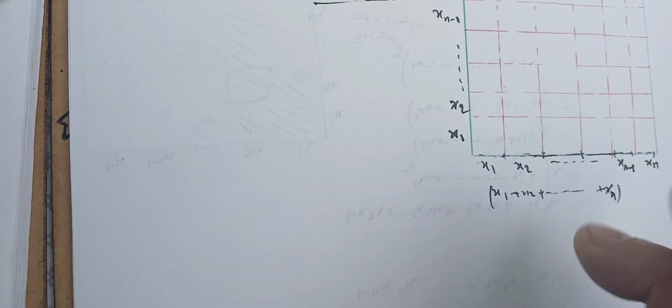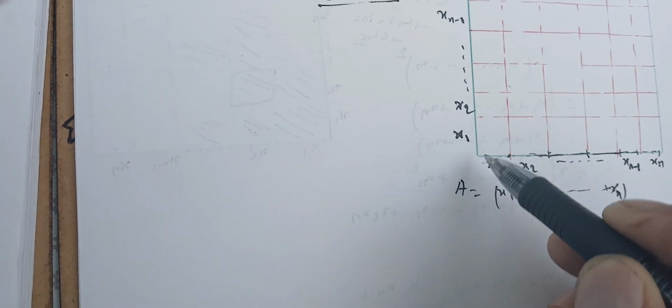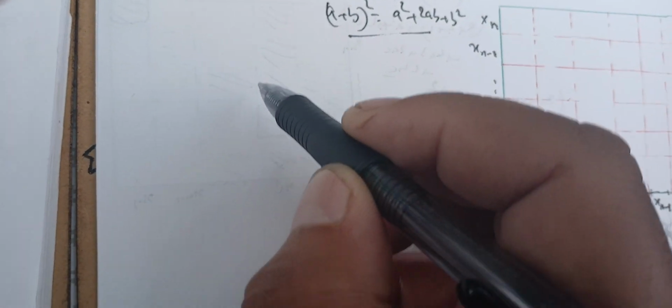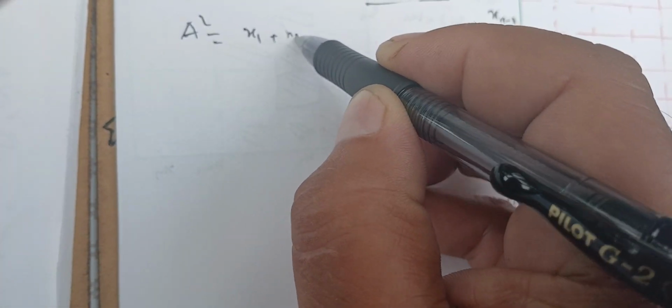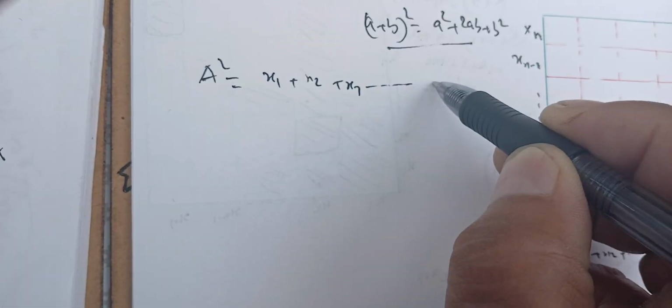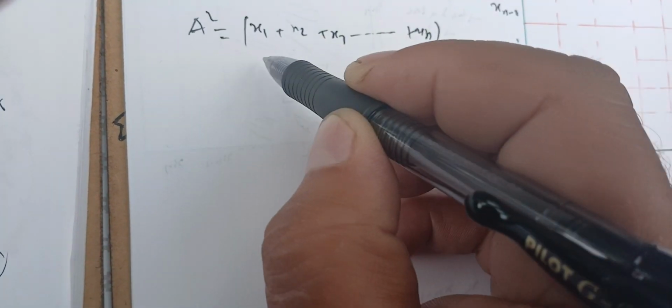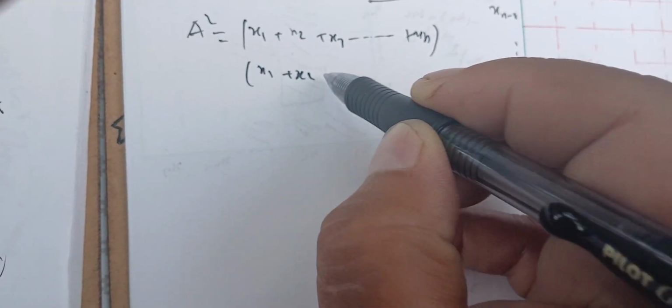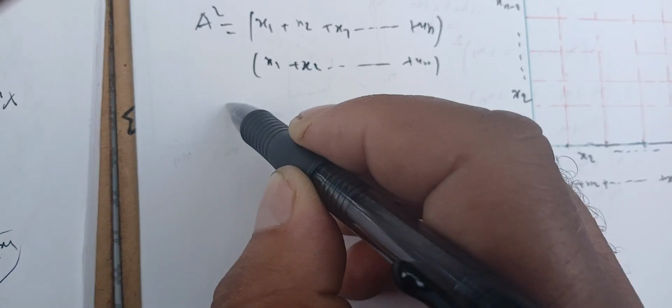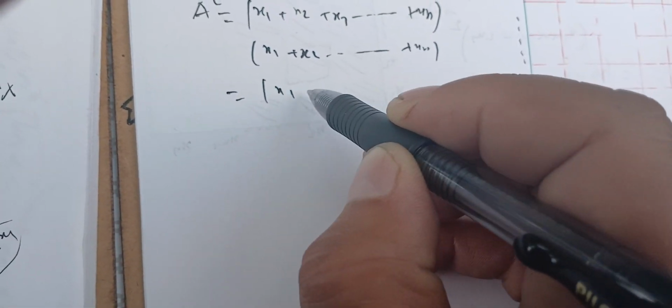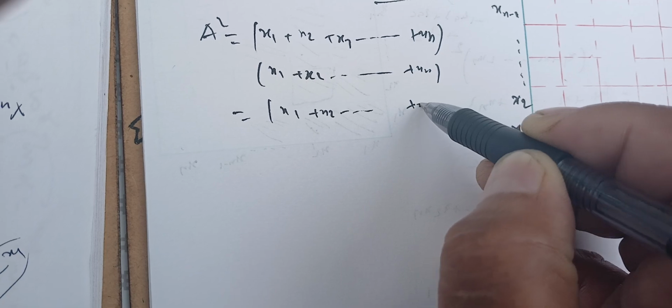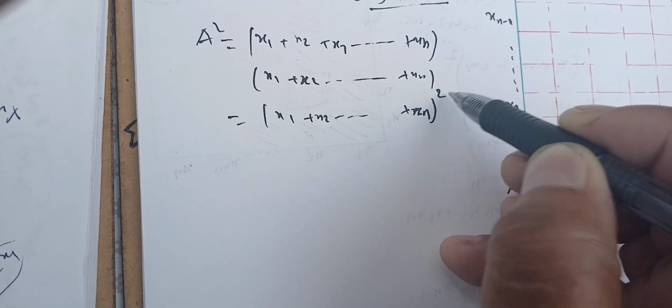Okay, so the area, this is a square, so the area of this one is the side length, which we're going to call a, by itself. So the area is going to be a squared, which is going to be x1 plus x2 plus x3 plus xn times x1 plus x2 plus xn, which we can write as x1 plus x2 plus xn squared.